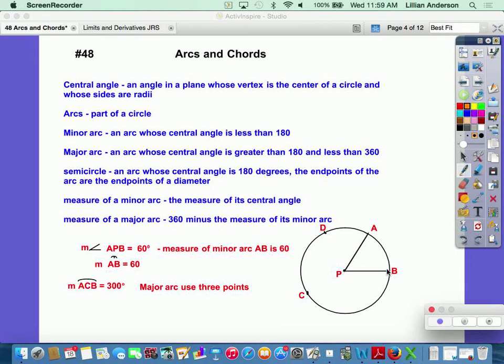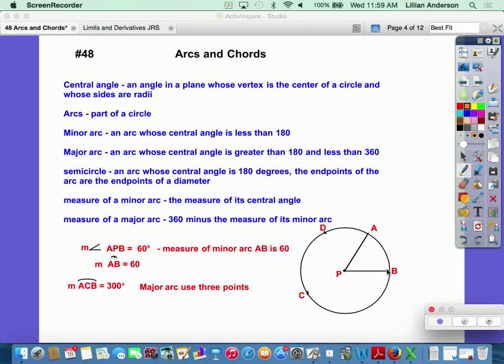A semicircle is clearly half the circle, so its central angle is exactly 180 degrees. The endpoints are the diameter. The measure of the minor arc is the measure of the central angle, and the measure of a major arc is 360 minus the measure of its minor arc.